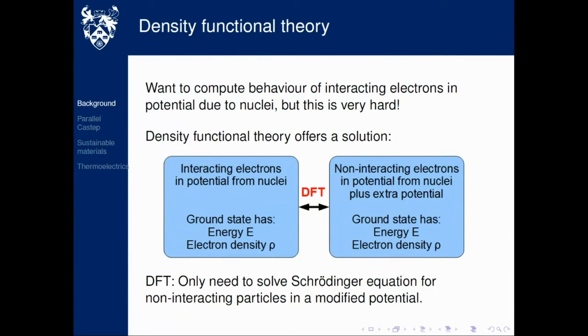And DFT showed that there's an absolutely equivalent system where the electrons actually don't interact with each other, not directly, and they feel the same potential from the nuclei, but there's an extra potential in there as well. And that system also has energy E and density rho.